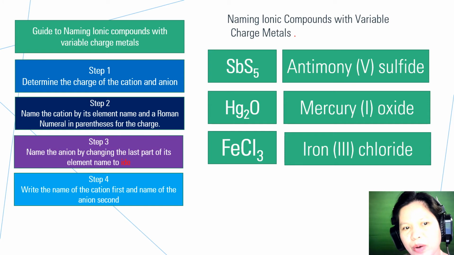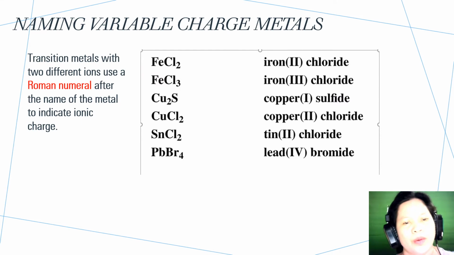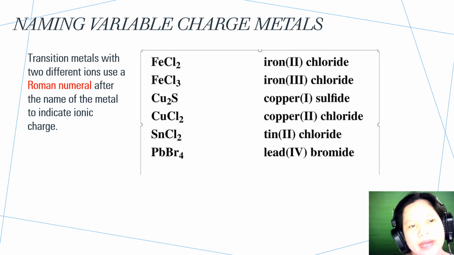So that is how we name compounds with variable charges, especially in transition metals. So what about, okay, this example, naming variable charges of metals.